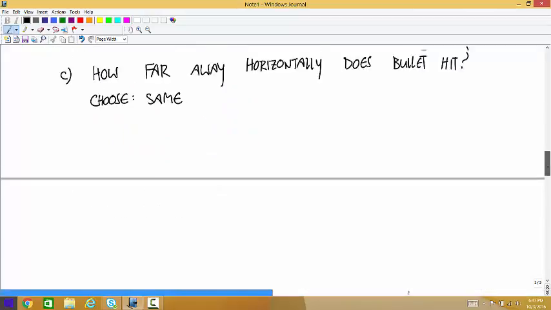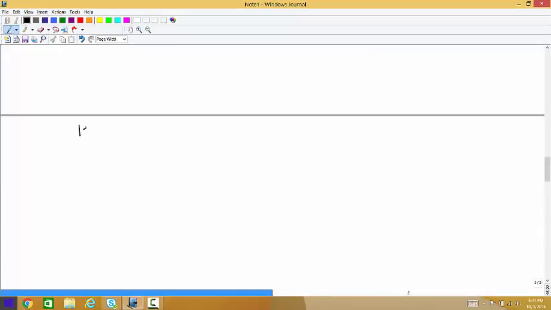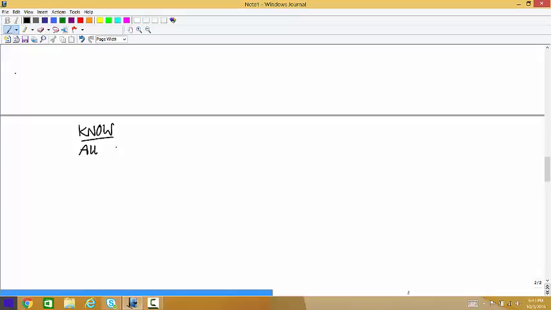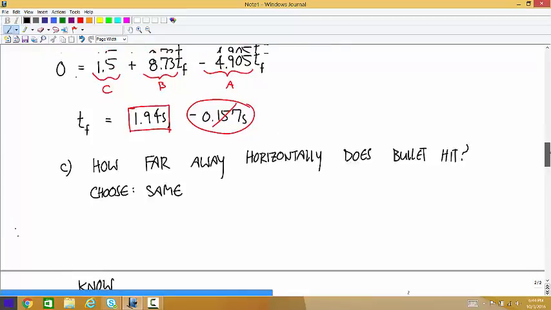And if we keep those the same, then everything we knew before stays the same. So we still know all the stuff from part B. And now we also know that time final is, what was it, 1.94?